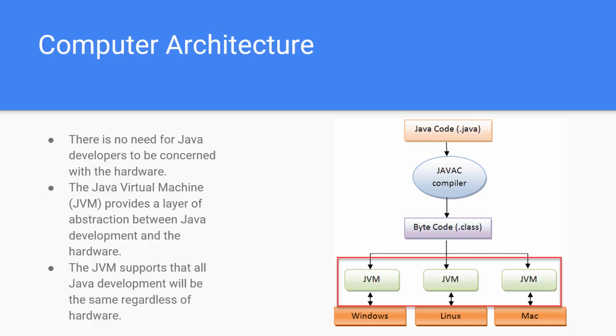Here, as we can see, we have our Java code, which is what the programmers are going to be concerned with. And also the compiler as well, because we have to make sure that our code compiles. But if we take a look down here, there is a special program called the JVM, or the Java Virtual Machine.